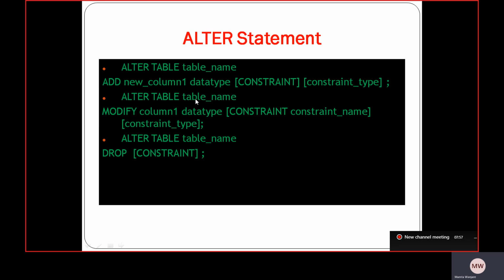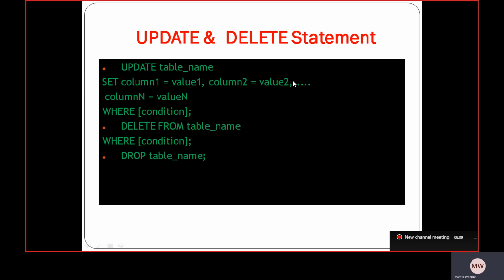ALTER TABLE table name MODIFY column 1 data type, constraint, constraint name. Or ALTER TABLE table name DROP constraint is also there. This is for the ALTER statement. The same goes for UPDATE and DELETE statements, if you want to update the table or delete the columns in that table.